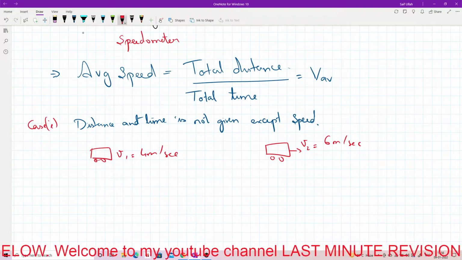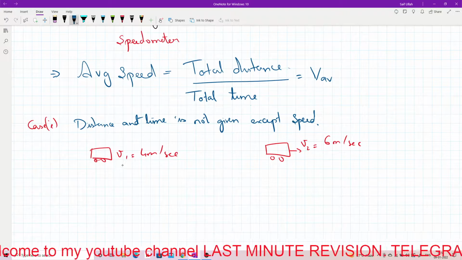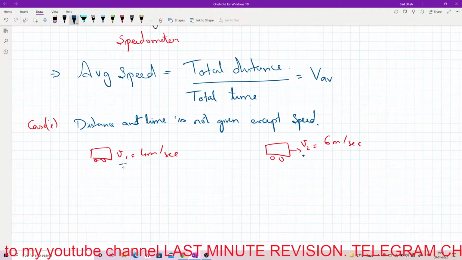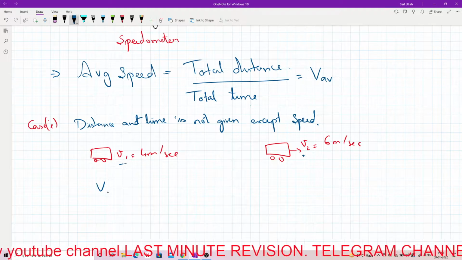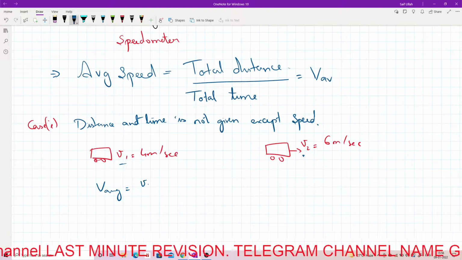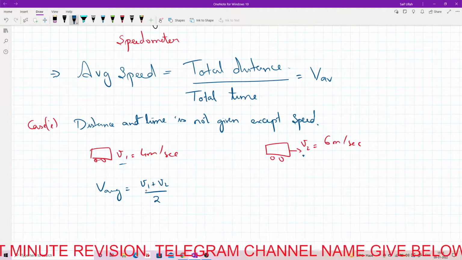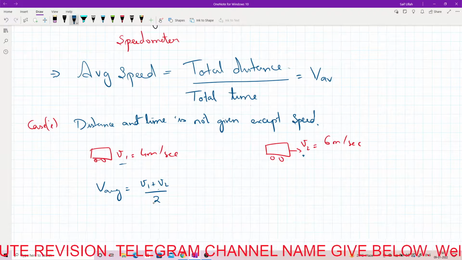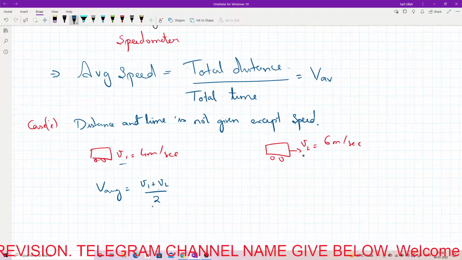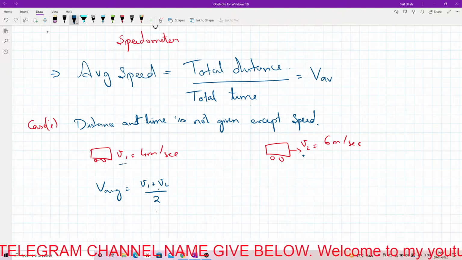Now if they ask you what the average speed of the vehicle is, as only the velocities are given, you can write average speed is equal to v1 plus v2 by 2. We have to add the velocities and divide by the number of velocities given.